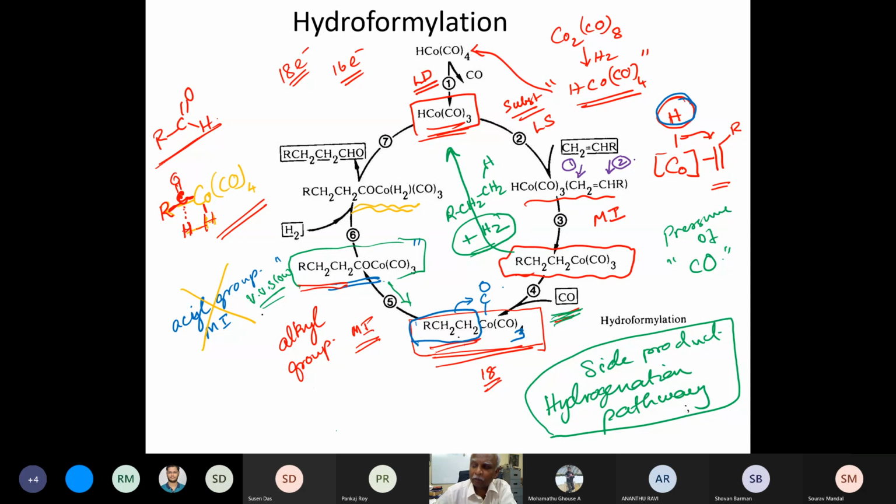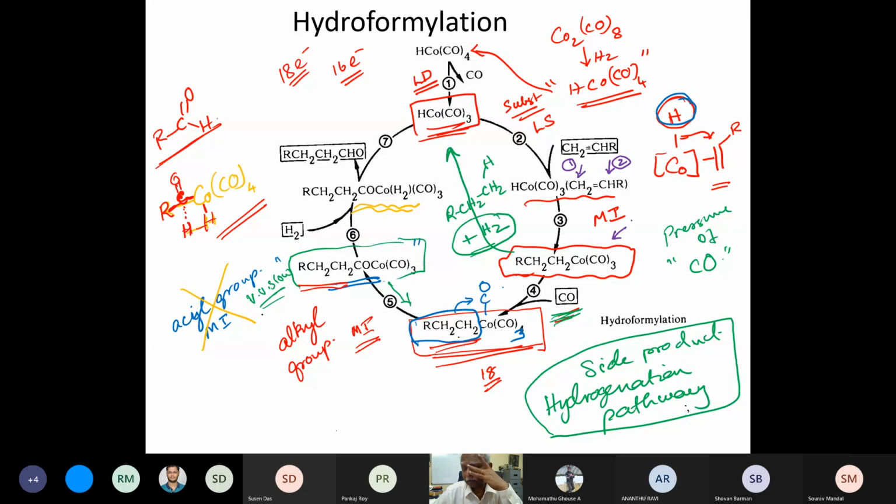The cobalt carbon bond will be found between carbon atom number 1 and cobalt. So this is the competition, and if the hydrogen migration happens to the CH2, then of course you have the branched product, which will lead to a more sterically congested intermediate here.